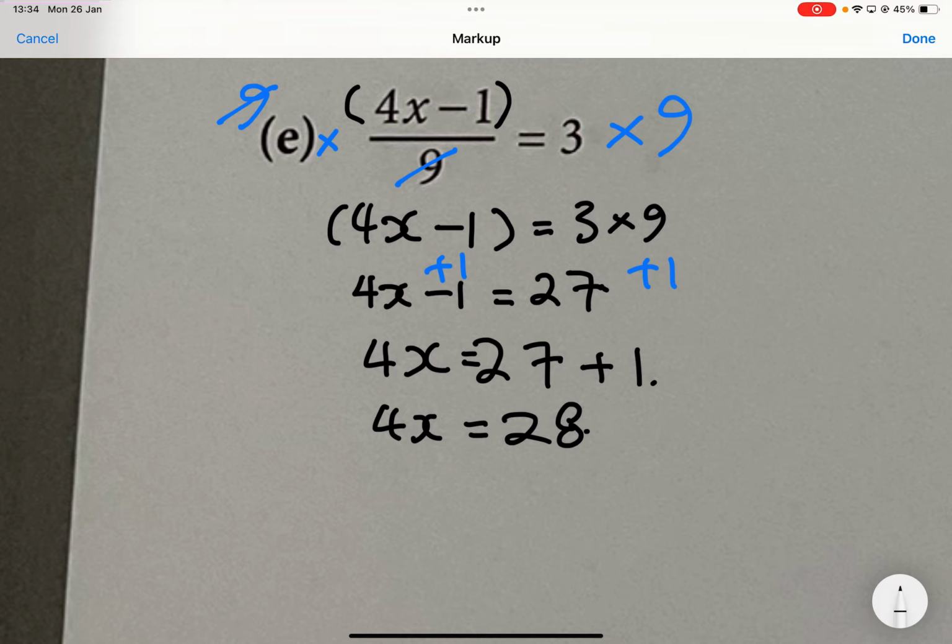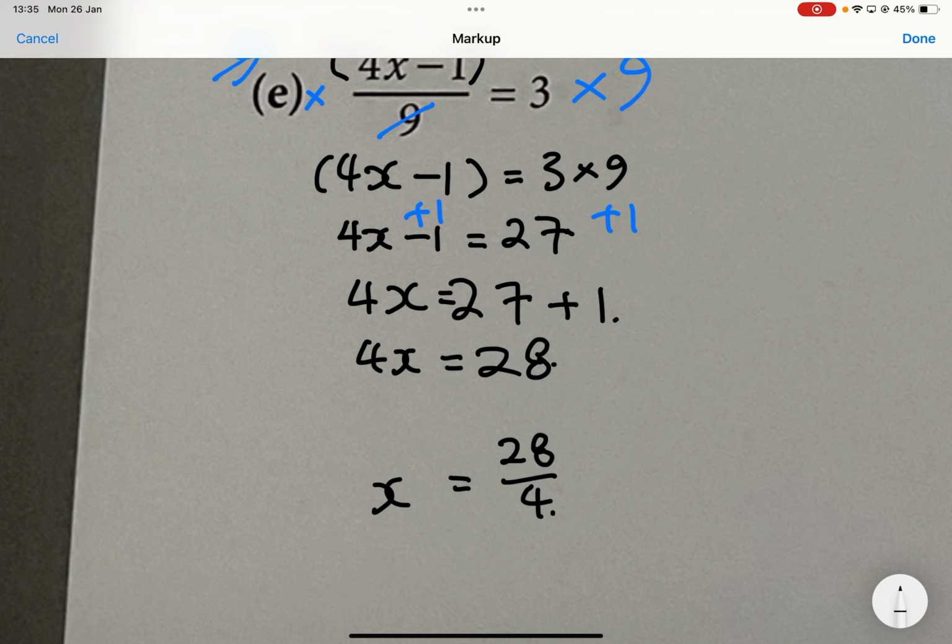Four times of x is 28. But what I want is 1x. So from 4x, how to become 1x? Divide by 4. Okay, so it also looks like 4 times x.